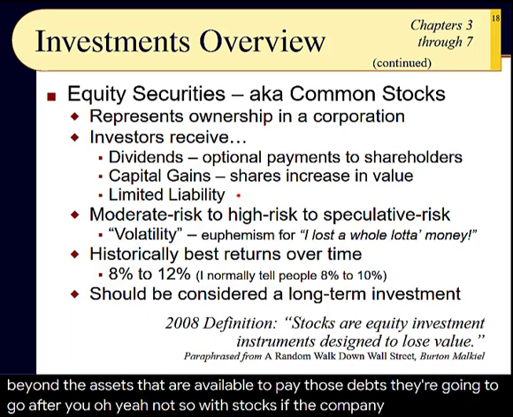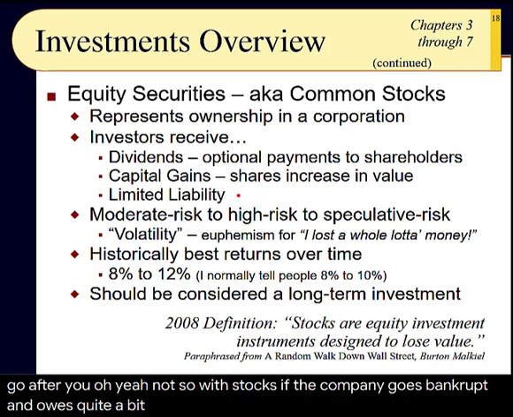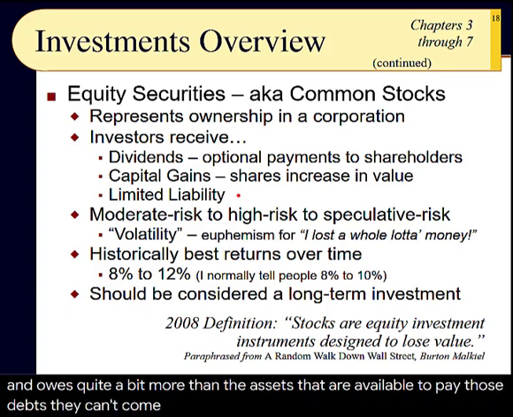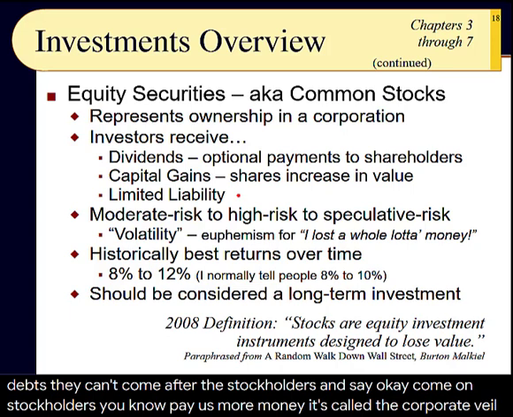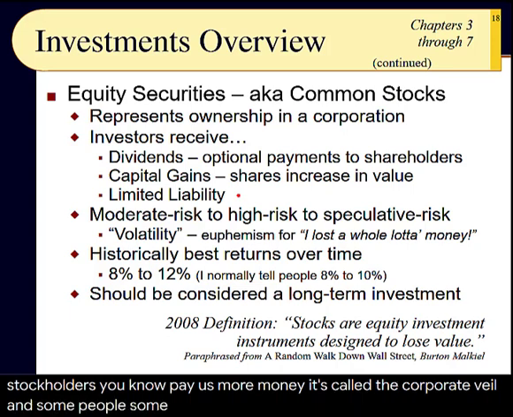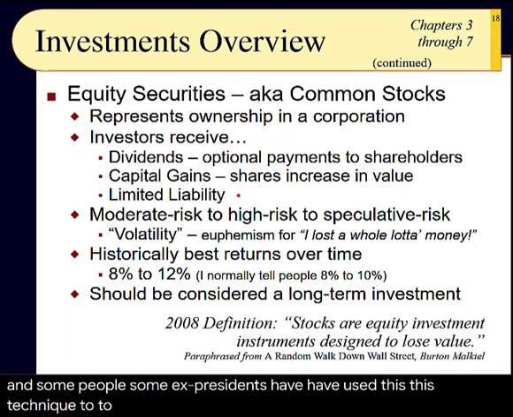If the company goes bankrupt and owes quite a bit more than the assets that are available to pay those debts, they can't come after the stockholders and say, okay, come on, stockholders, pay us more money. It's called the corporate veil. And some people, some ex-presidents, have used this technique to hide assets and throw their debts away, get rid of their debts.